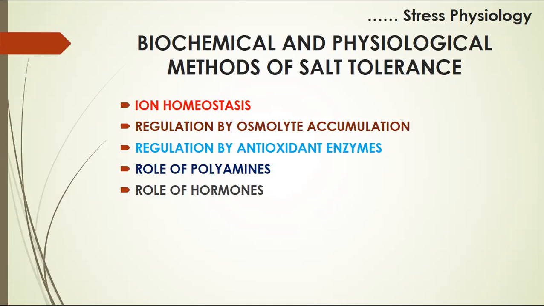So what comes into the picture here is a galaxy of antioxidant enzymes. The important names that you can remember for combating oxidative stress during salinity are superoxide dismutase, SOD, then CAT, which is catalase, then GPX, which is glutathione peroxidase, and APX, which is ascorbate peroxidase.